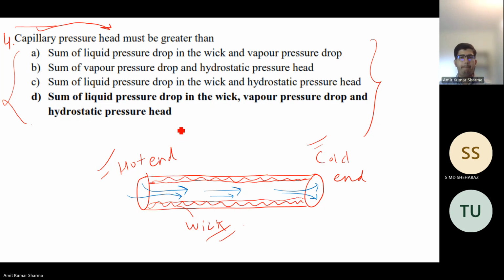Any idea? No, sir. Okay. So the wick is transporting the liquid droplets from the cold end to the hot end.